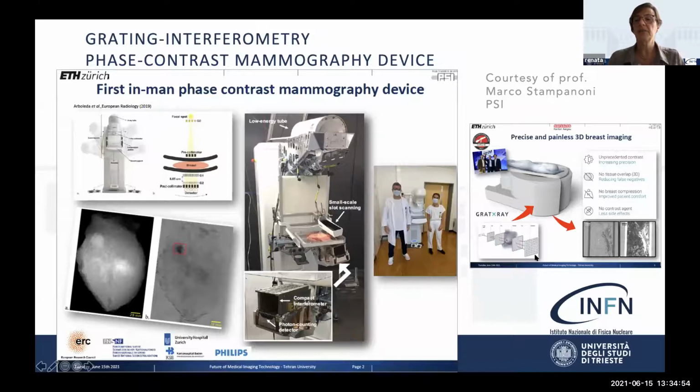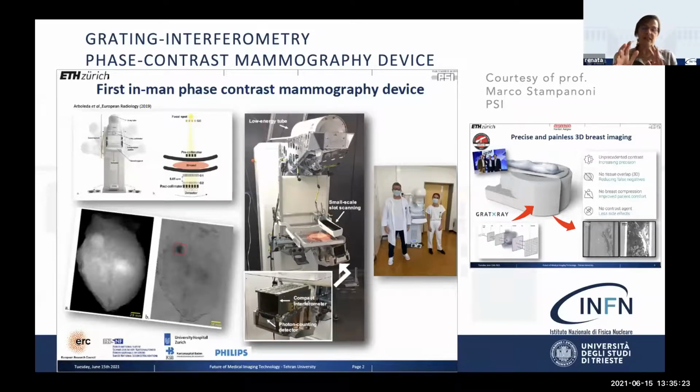Obviously, in their plan there is also 3D breast imaging, but first of all, I'm waiting for the mammography device, because you have clear in your mind that if you run breast CT, you have to move the grating system, which has to be aligned with a tolerance of a few microns.